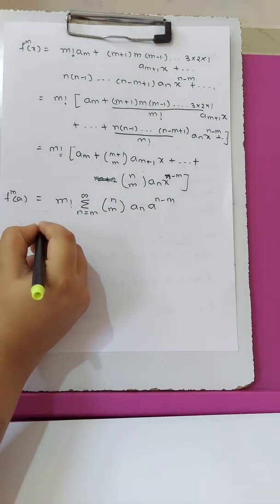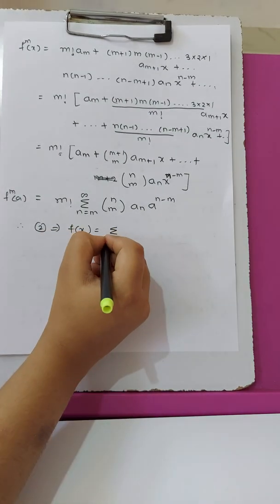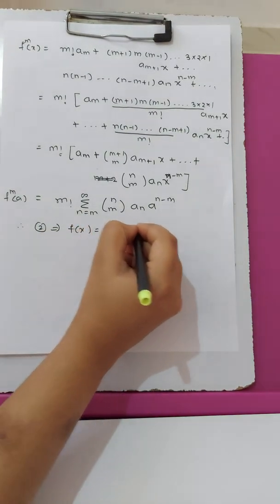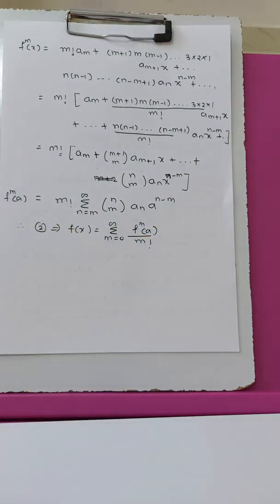So therefore 2 implies that f of x is equal to summation m from 0 to infinity fm of a upon m factorial.